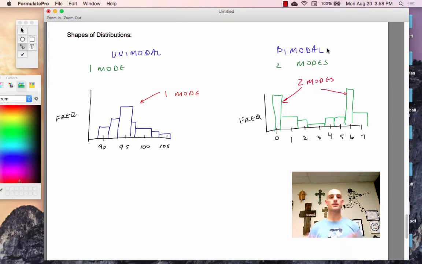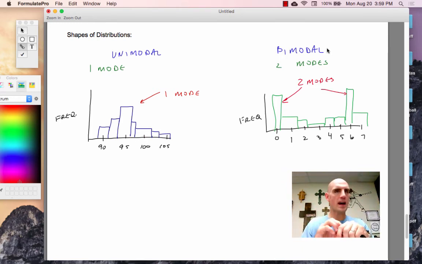Now what might possibly cause this to happen? Well, let's say you take a pre-calculus class or an AP Stats class, and I say, hey, how old are you? You're going to have maybe some people on the lower end, maybe some people on the higher end, but you're going to have most people around the same age of like 17 years old, maybe 18 years old. So what might I have with two modes?